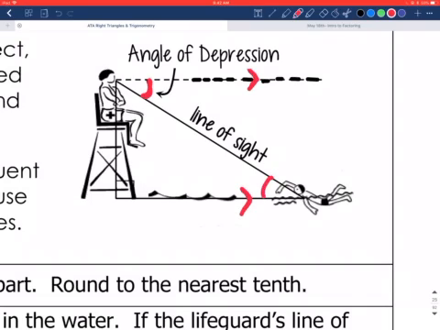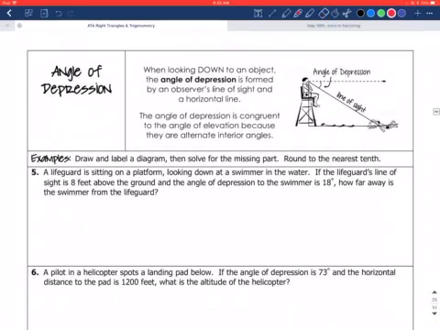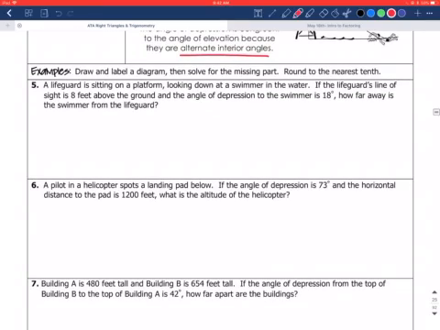This angle of depression and this angle of elevation are actually the exact same, because this is a transversal and they are alternate interior angles, right? So the angle of depression and the angle of elevation are technically the same thing. And we'll be able to see that in just a second. Oh yeah, and it says it right there, alternate interior angles. They're the same.